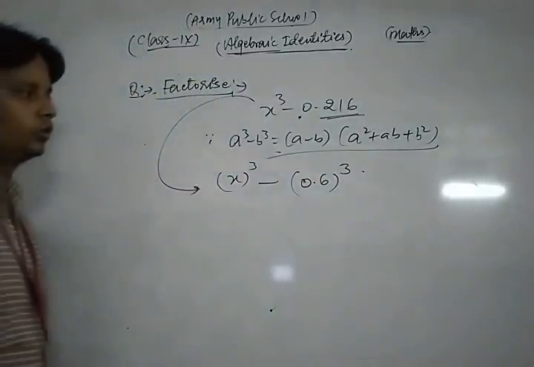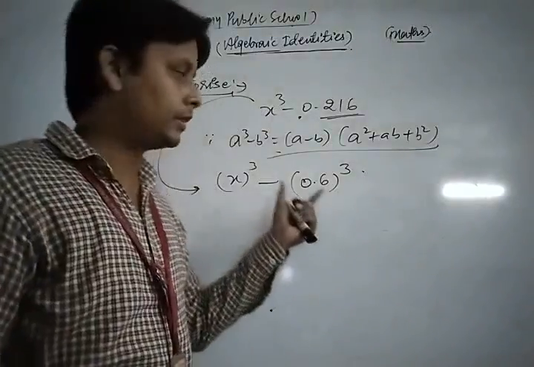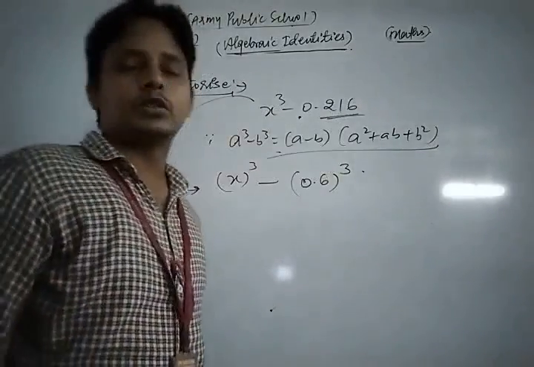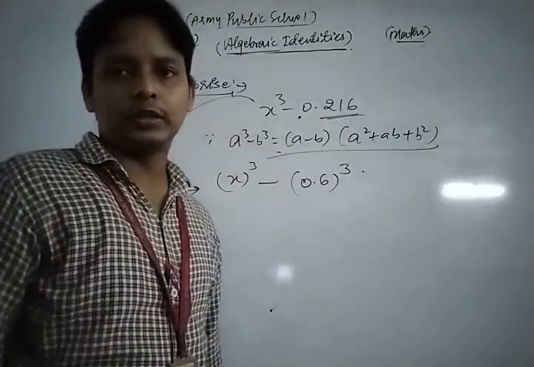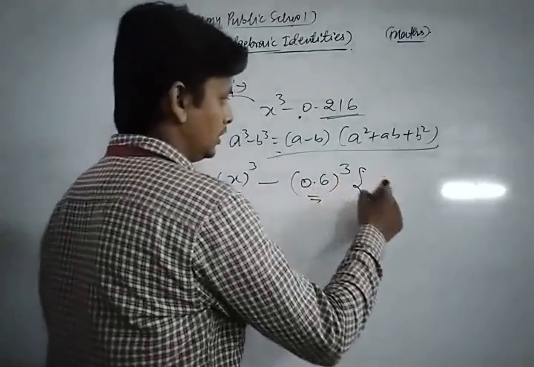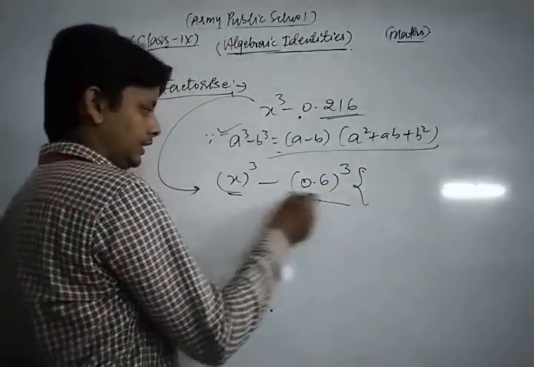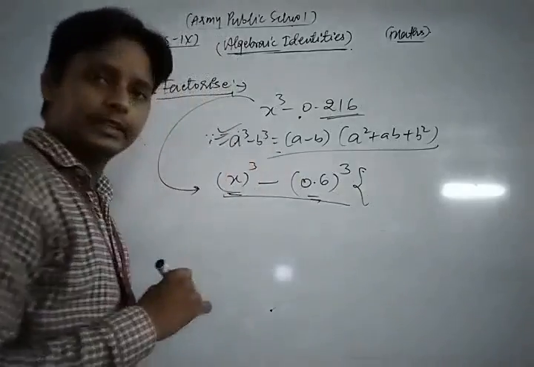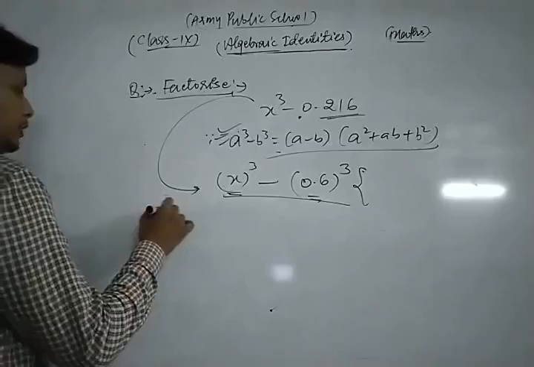If we multiply them, we get 0.216. So now this is based on the identity a cube minus b cube. Now we expand the given expression based on this identity, so we can write (a minus b) in one bracket.